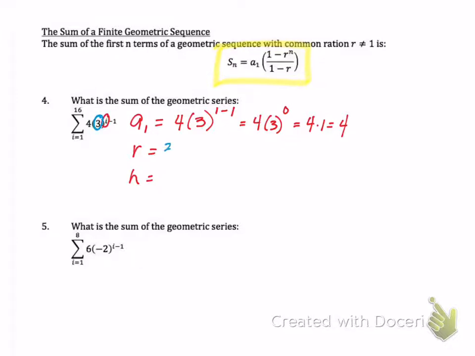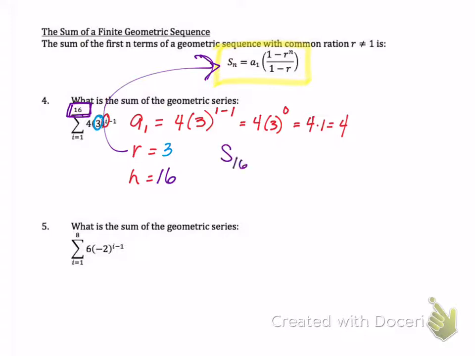So that's my R. R equals 3. And then N is going to be the number that is at the top of your summation, so N equals 16. So now that I have all 3 of those variables, I can just plug them into that formula up here and solve.